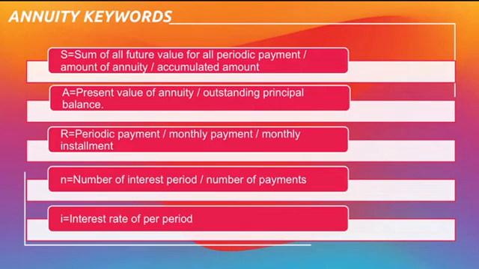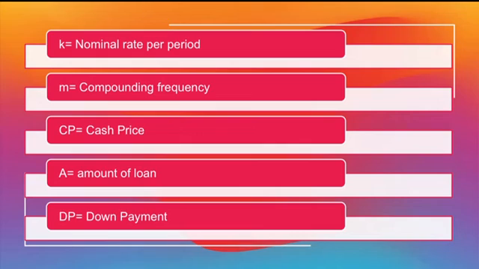N is the number of interest pay periods or number of payments. I is the interest rate per period. K is the nominal rate per period. M is the compounding frequency. CP is the cash price. A is the amount of loan. And finally, DP is the down payment.